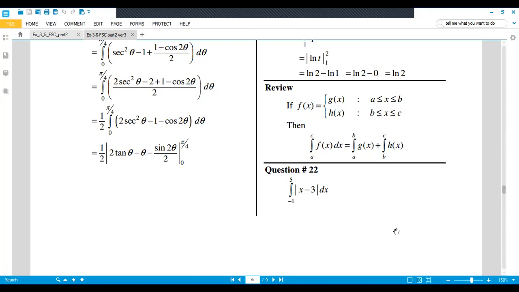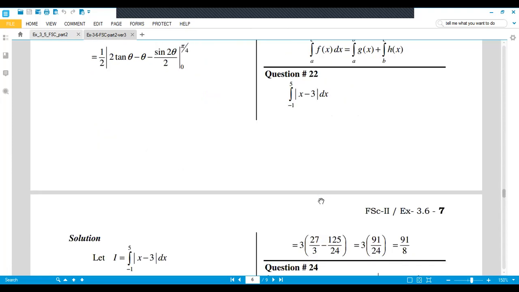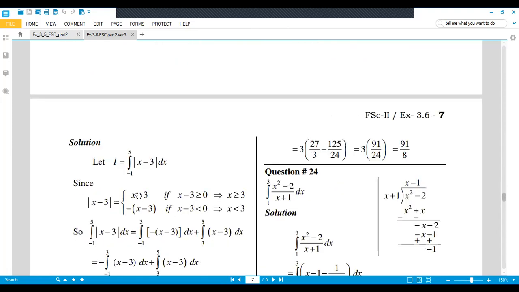Now here, when you have a less than or equal to x, x less than or equal to b, and b less than or equal to x, it means that the middle term is involved, then the integral from a to b of g x plus the integral from b to c of h x. So here minus 1 to 5, the absolute value of x minus 3. Absolute means plus or minus x minus 3, so x minus 3 positive and negative.